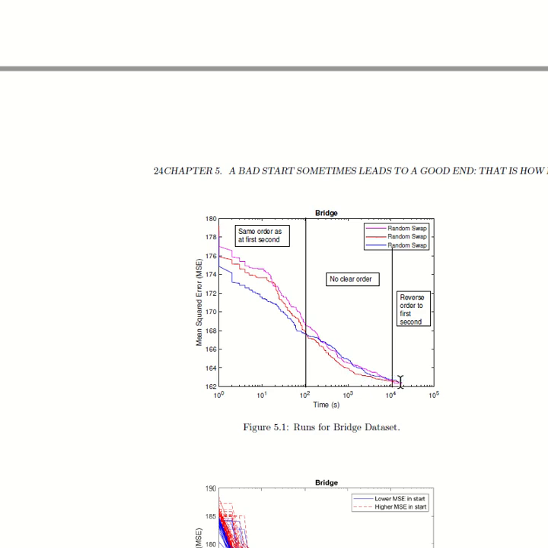Then at the end of the run, where this axis is exponential so this is quite a long time, the order is reversed, so the best becomes worse and the worst becomes best.